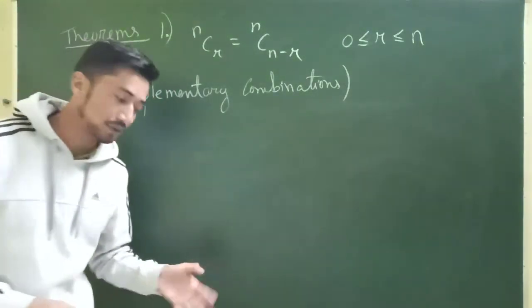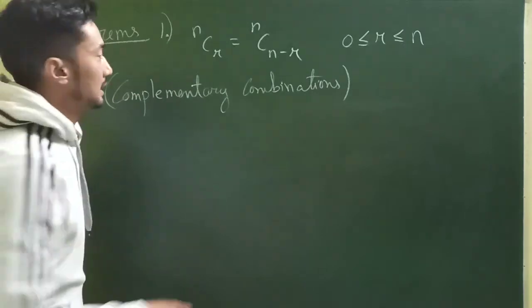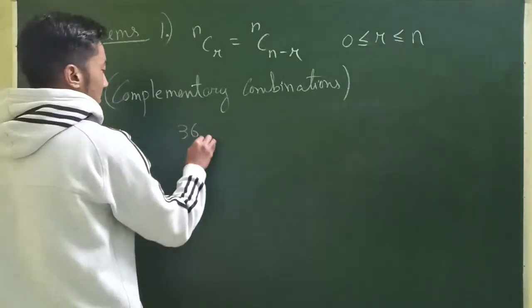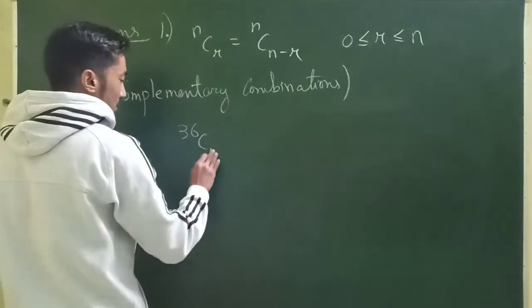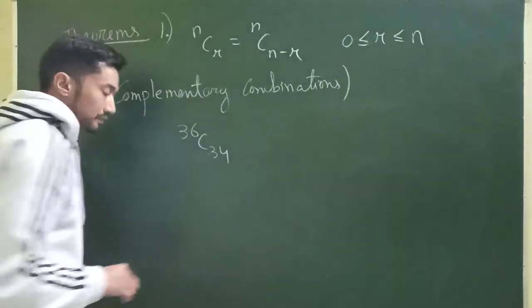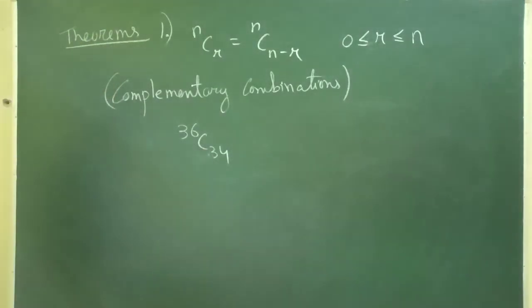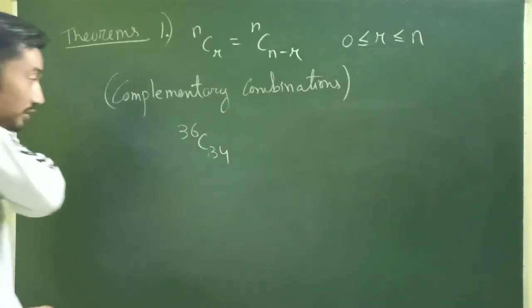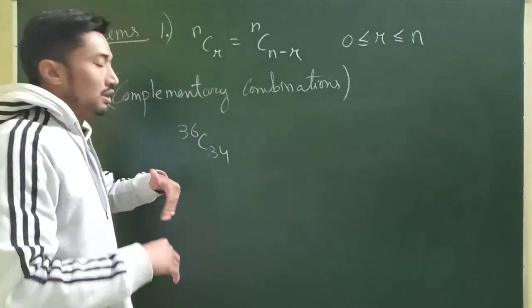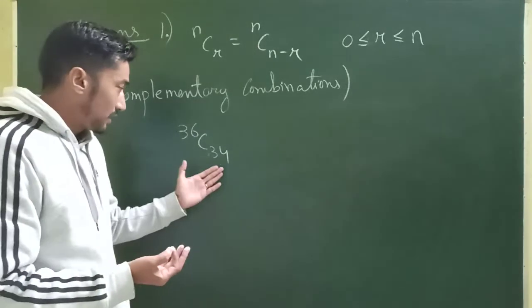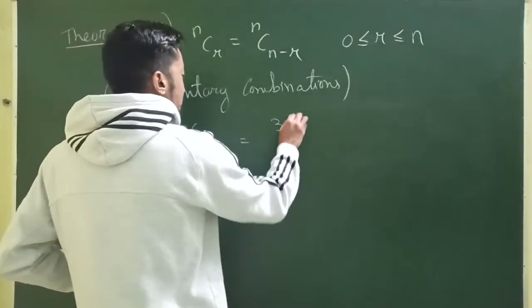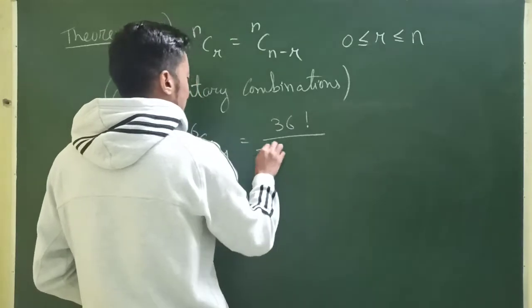And it's very useful. I'll give you one example, like 36C34. If you don't want to proceed with the calculation of 34, that will be 36 factorial by 34 factorial times (36 minus 34) factorial.